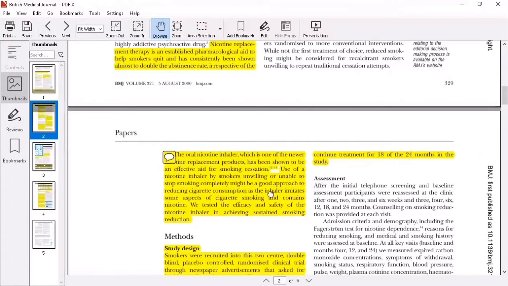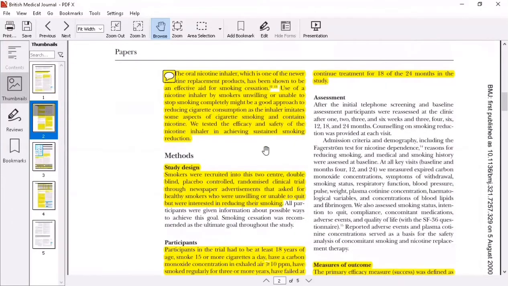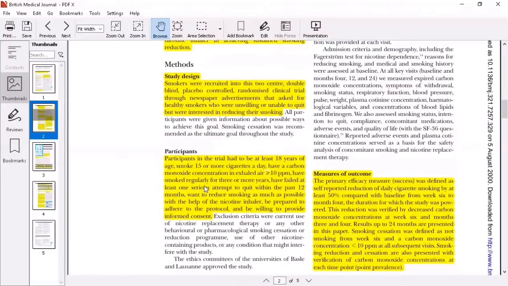And then is method. Checklist number 3A is trial design, about description of trial design such as parallel, factorial, including allocation ratio. And then checklist number 4A is participant.